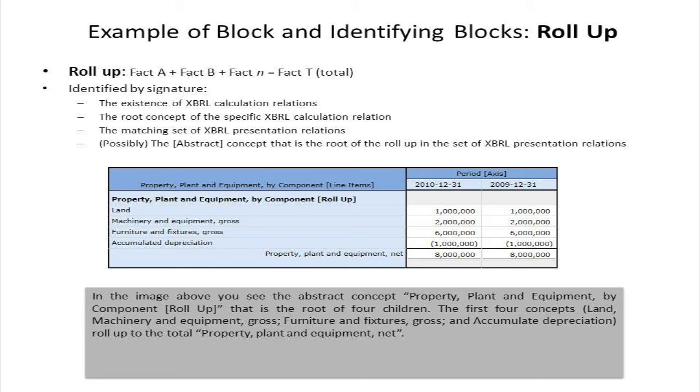If you look at this roll-up example, you can see the root is the abstract concept property, plant, and equipment by component, that has four concepts that then add up to the last concept at the bottom. And that's a basic roll-up.